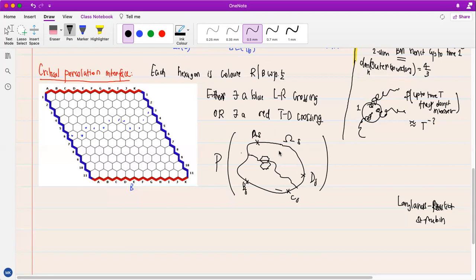They were thinking of Z2, but it doesn't matter. As delta goes to 0, this should converge to something that depends on omega and this A, B, C, D. But this also should be conformally invariant.